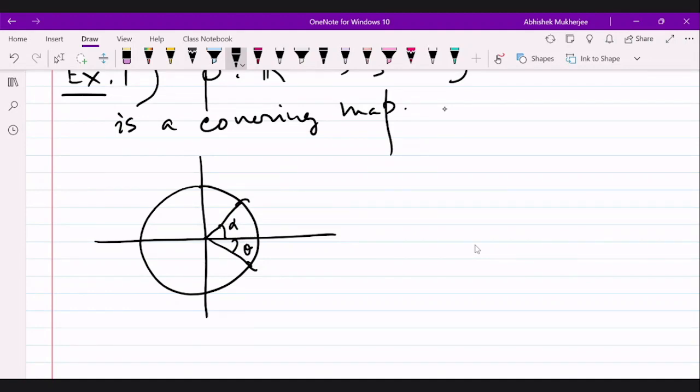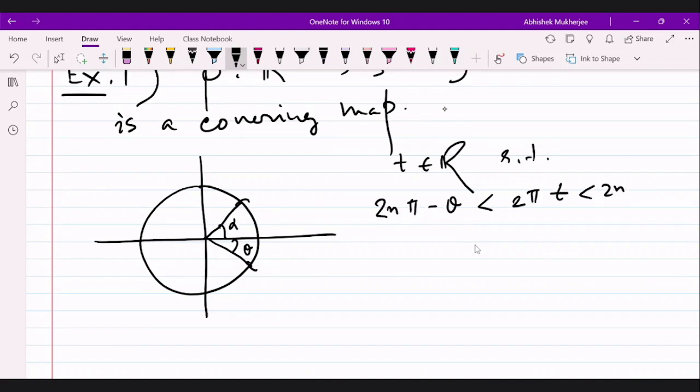That means you are looking at those real numbers t satisfying, in general, 2n pi minus theta less than 2 pi t less than 2n pi plus alpha.